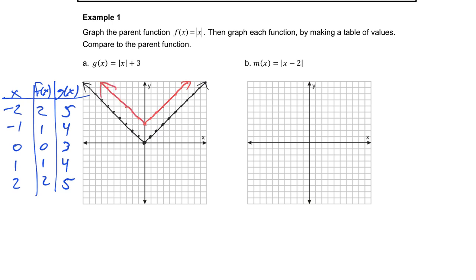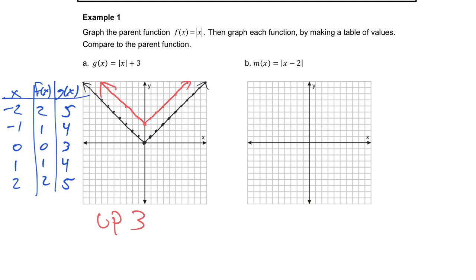And if you notice anything that says compare it, you can see it from the table of values. The y values keep going up by 3, but I can look, every single point is 3 points higher than the point underneath it. So I can say that we went up 3.